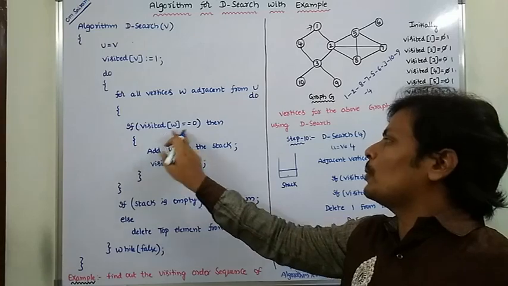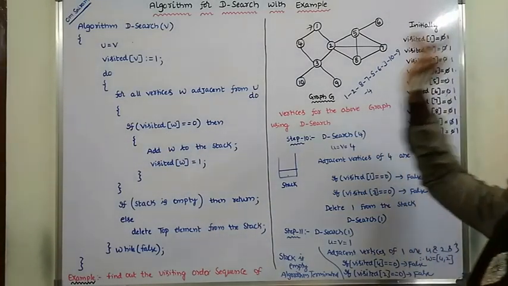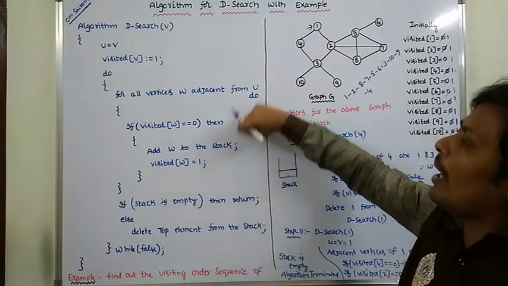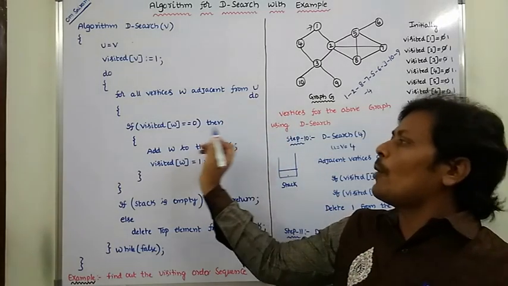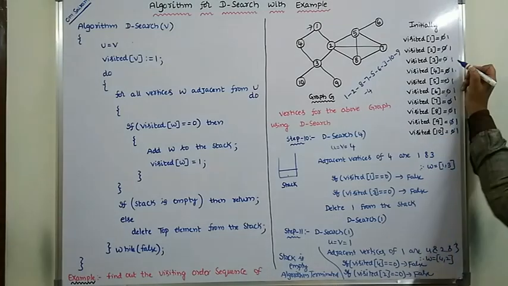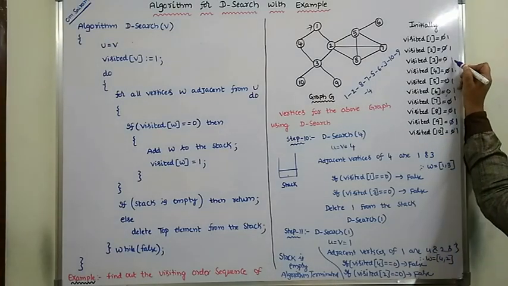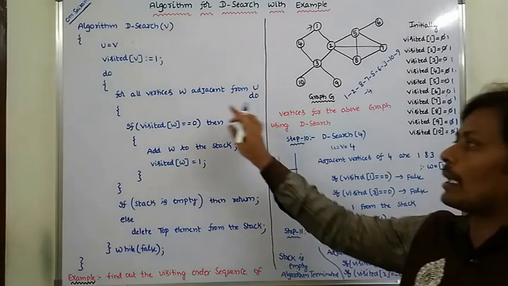If visited of 2 is equal to 0, this is also false. The control does not enter the if block. Again control goes to the for loop. Next W is equal to 3. Now this condition is true. Brace begin. If visited of 3 is equal to 0, this is also false. The control does not enter the if block.